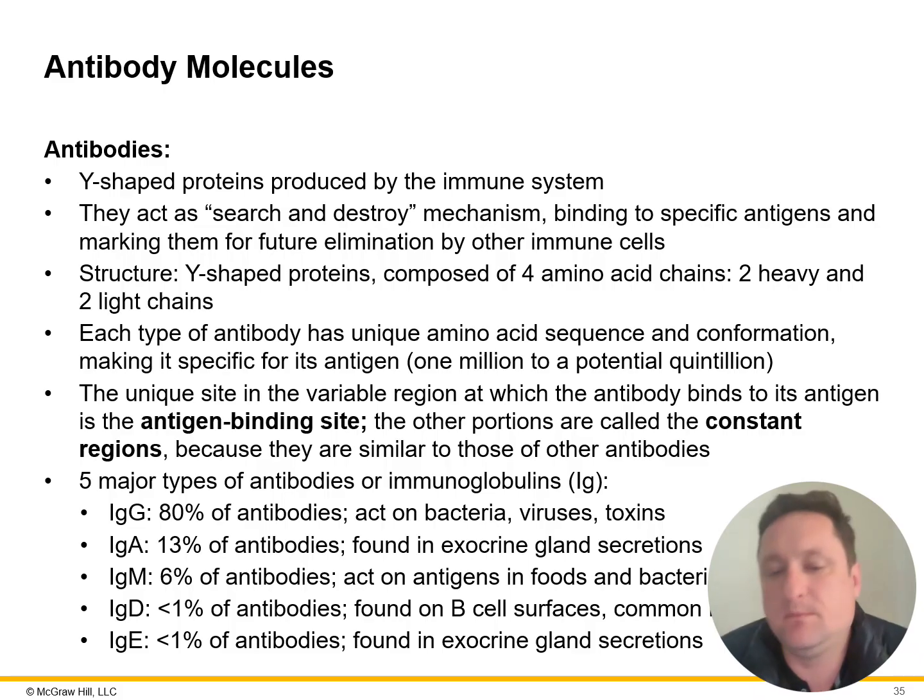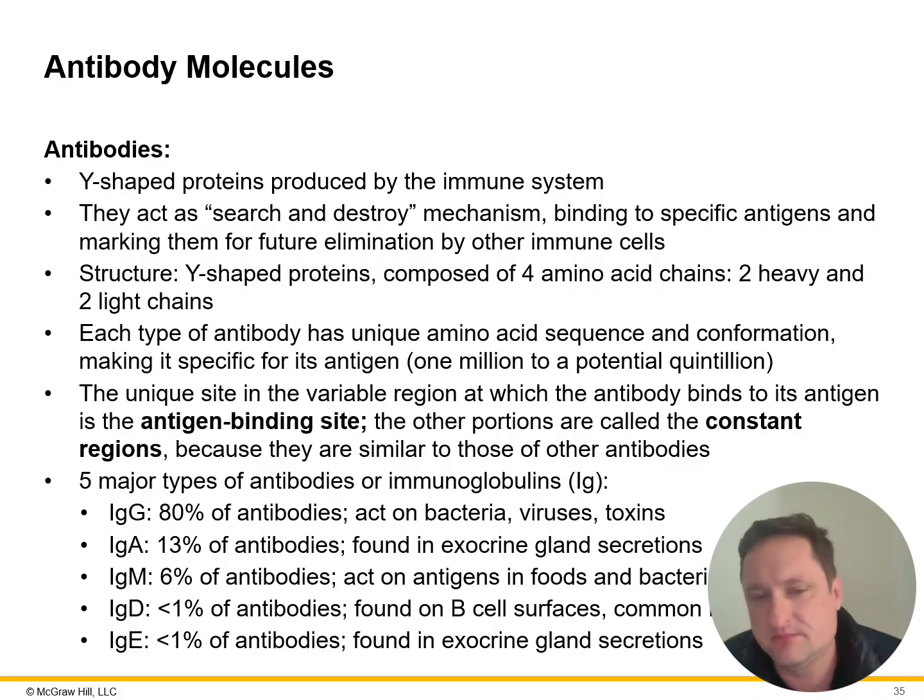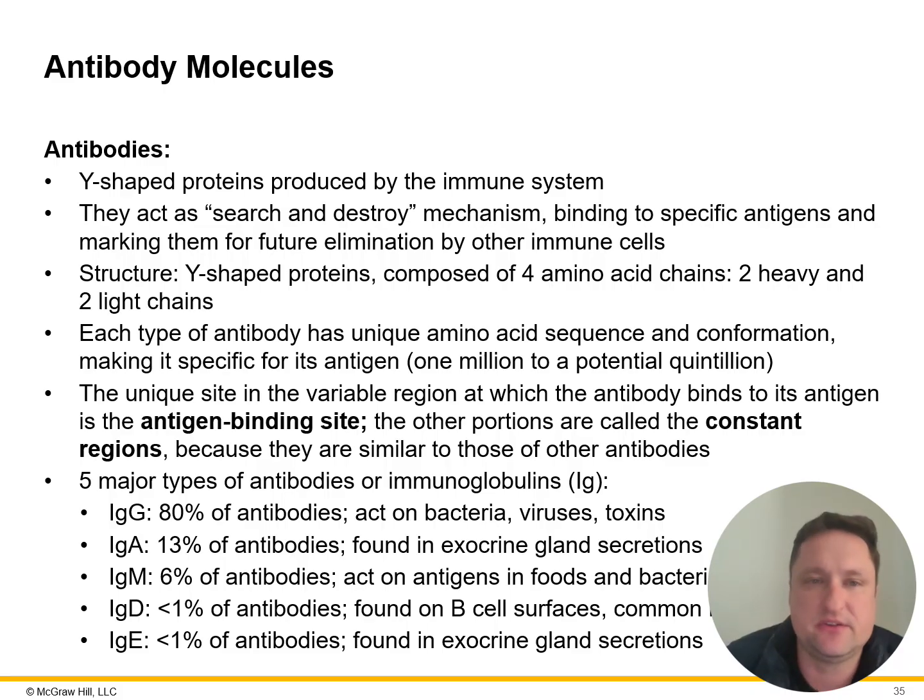All right, we keep talking about antibodies. Like, what are antibodies? So antibodies are Y-shaped proteins made by our immune system. Think of them as search and tag tools. They bind specific antigens and mark those invaders so immune cells can finish the job.